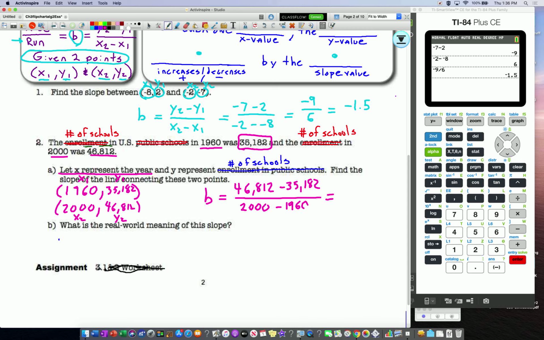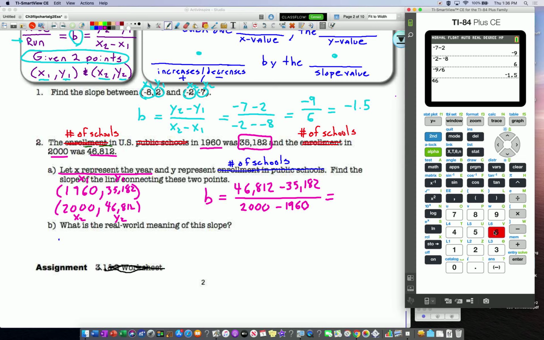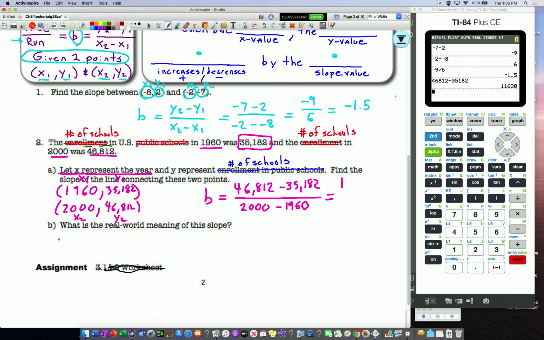If I think about this, I'm looking at how many more schools we had: 46,812 subtract 35,182. So there was an increase of 11,630 schools over 2000 minus 1960.